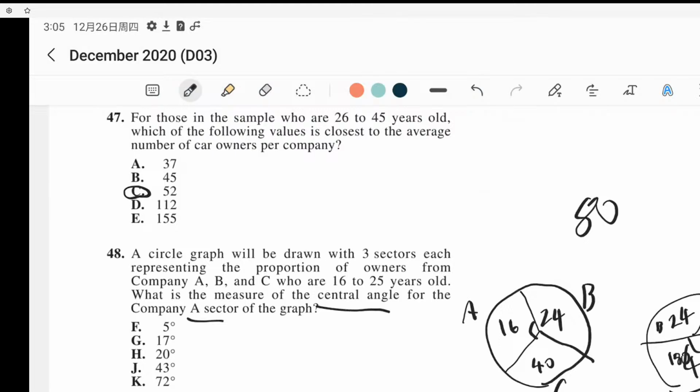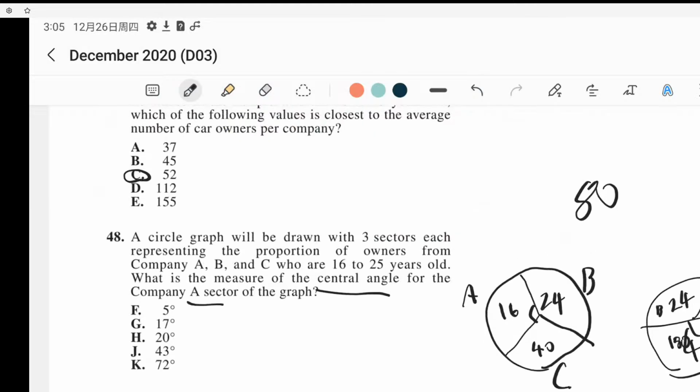This should be simplified, 6 over 4, which is 3 over 2. So we can see the proportion of the size, and this should relate to the angle as well.